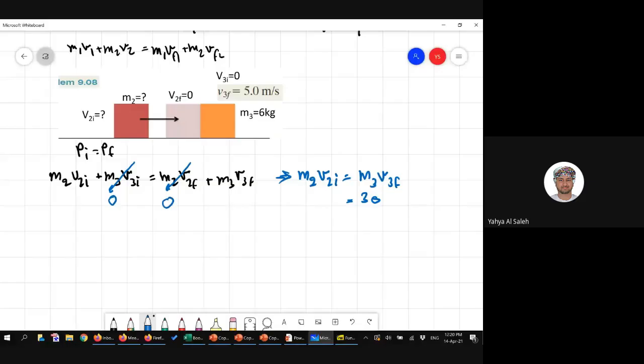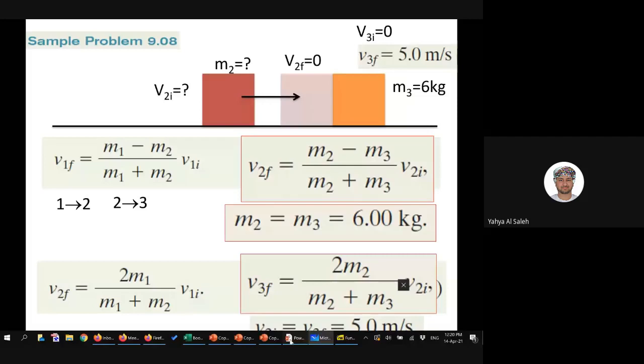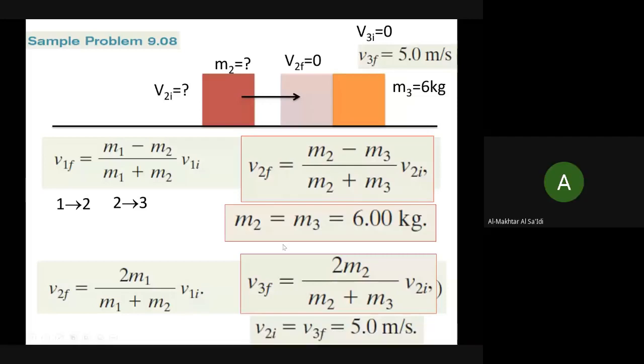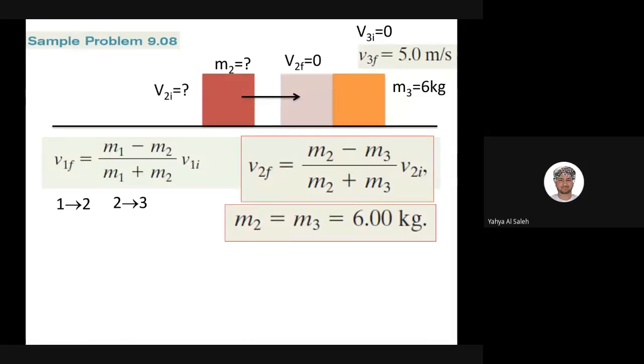Okay. But we still don't know M2 V2I. Not good enough. We need one more equation. What other equation can we use? Conservation of energy. We can use kinetic energy indeed. Let's try kinetic energy.